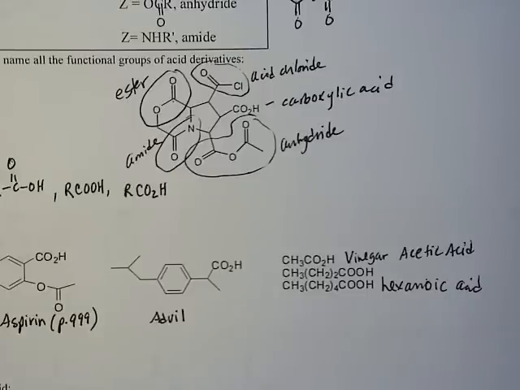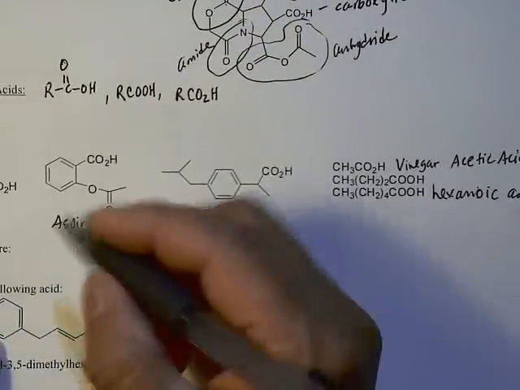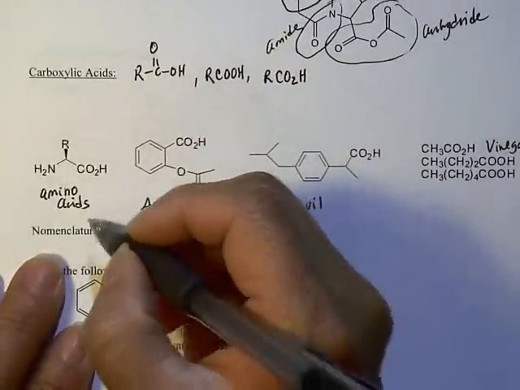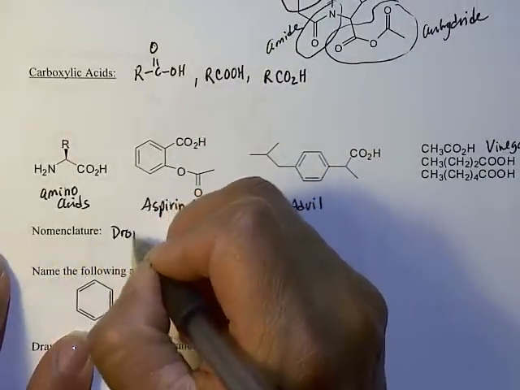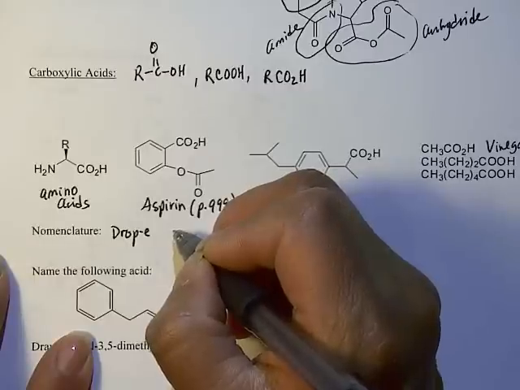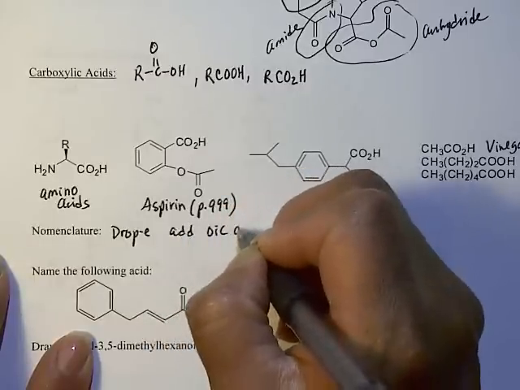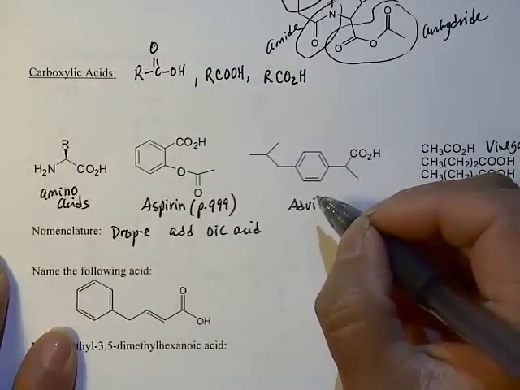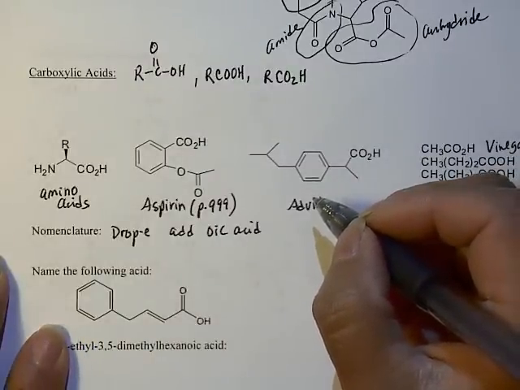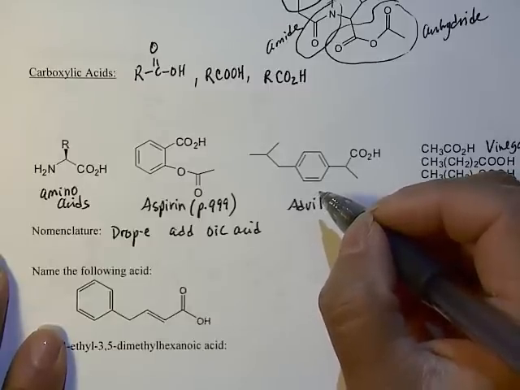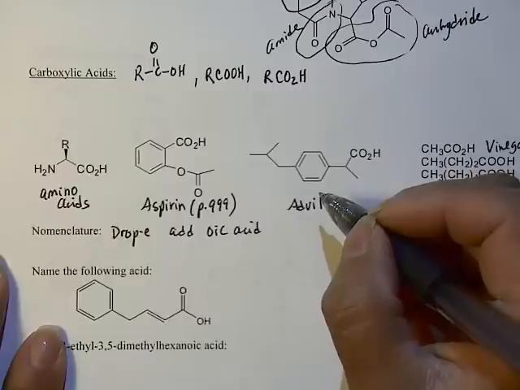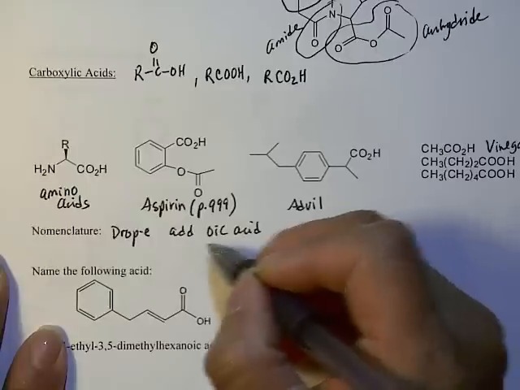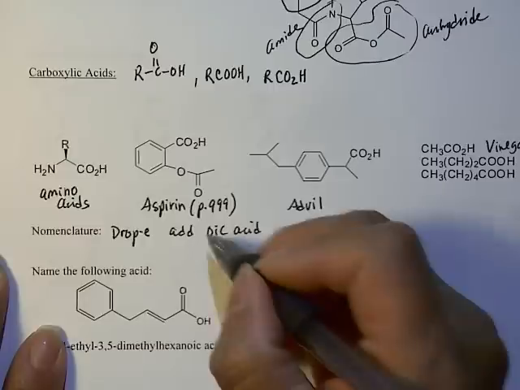So nomenclature-wise, it follows the rules that you've seen before when you named other functional groups. The basic rule is that you drop the E from your parent and add oic acid. Now, in terms of ranking for which functional group gets the highest priority and is therefore named as the parent, the acids are the highest ranking.